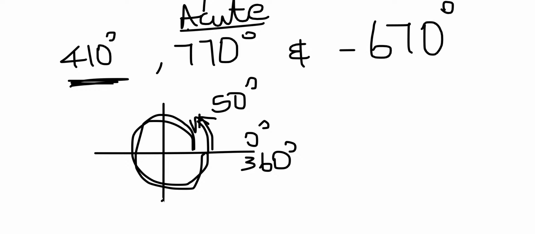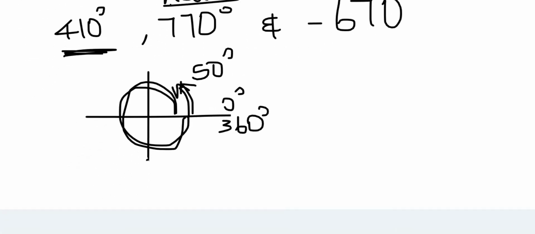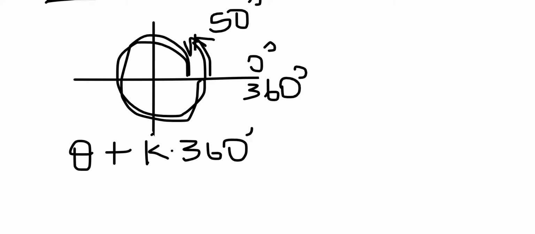So how do we interpret this by that function value? Look at how easy this should be. Maybe let me rewrite it like this: it is that extra acute angle that we have to add to how many 360s. Did you hear what I said? It has to be that acute angle that we add to how many 360s.